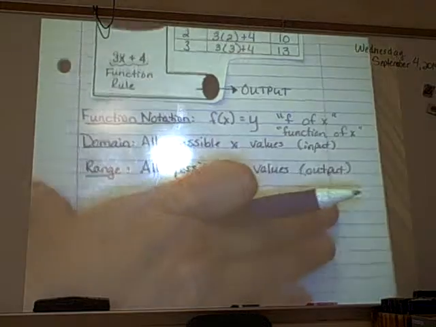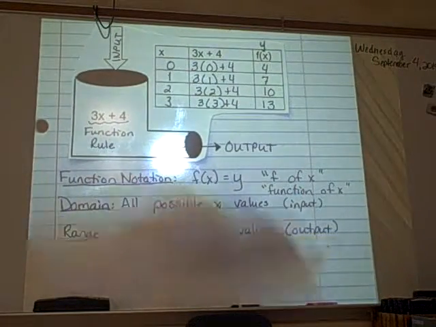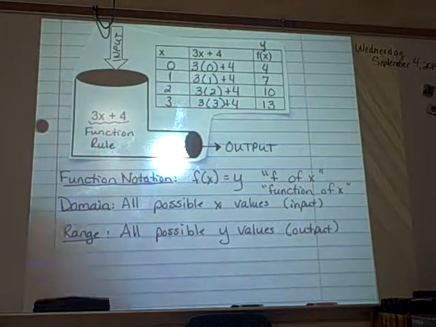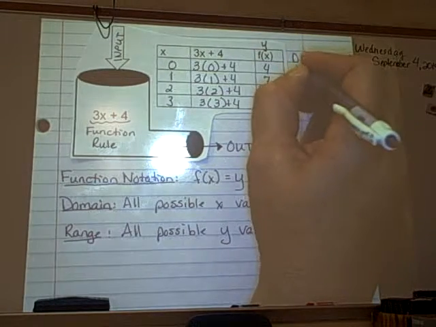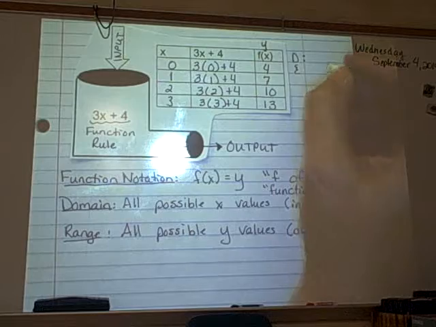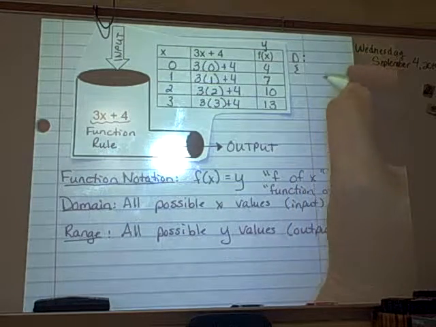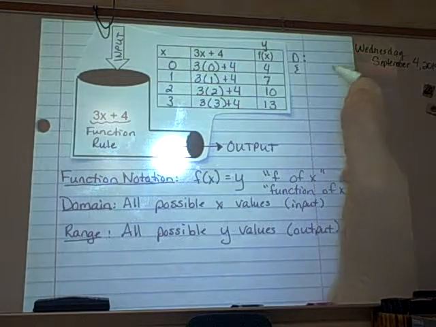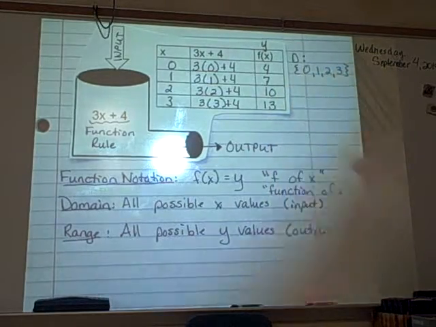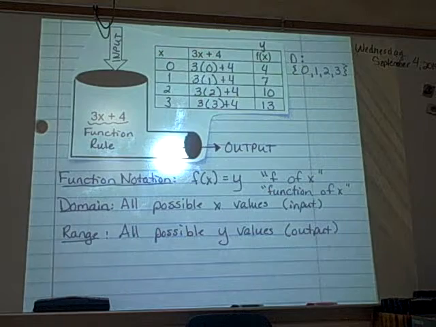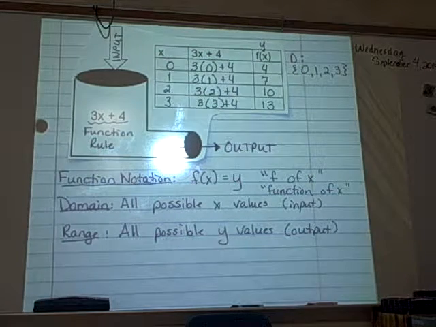So if you had a problem like the one we had right up here, and they asked you to write the domain and range, this is what you would do. I'm just going to put D for domain. You would draw these little squigglies, and you would just write the x values. What are my input numbers? 0, 1, 2, 3. There's my domain. Don't overthink it, just write them down.